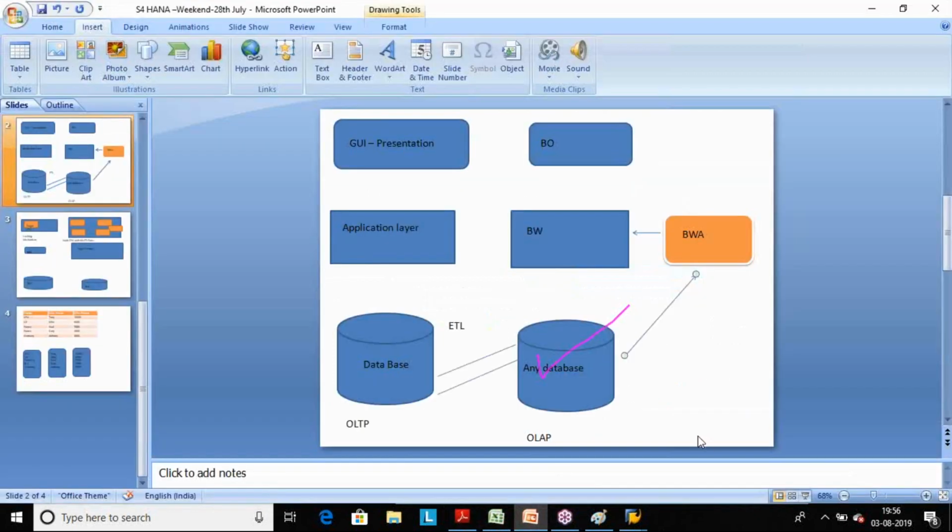Instead of using a traditional database, if we can use an in-memory database with all the new features that were in the BWA, and develop one database, then the problems of taking the data multiple times are resolved. That is the meaning of this.